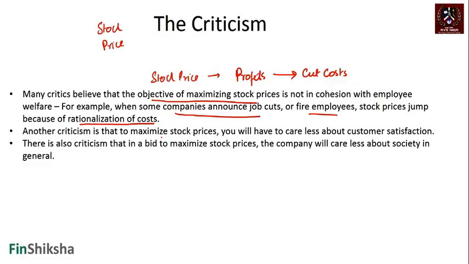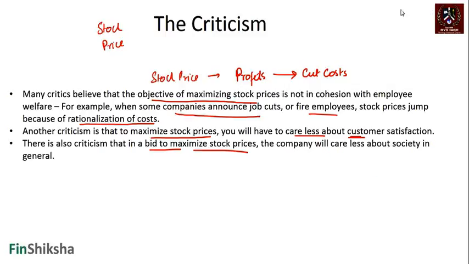Another criticism is that in order to maximize stock prices, you will have to care less about customers. Your sole motive would be profit, and hence you would have to care lesser and lesser about your customers. There is also a general criticism that in a bid to maximize stock prices, the company will care less about society in general, right?